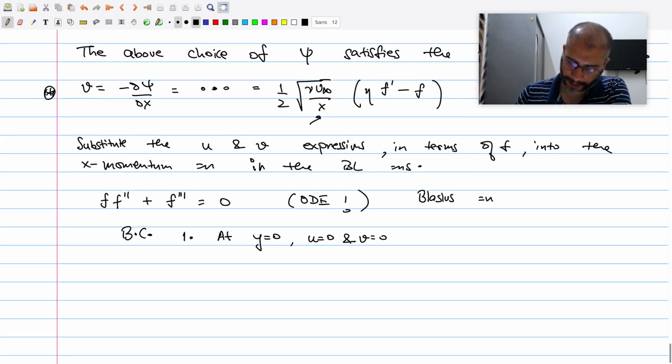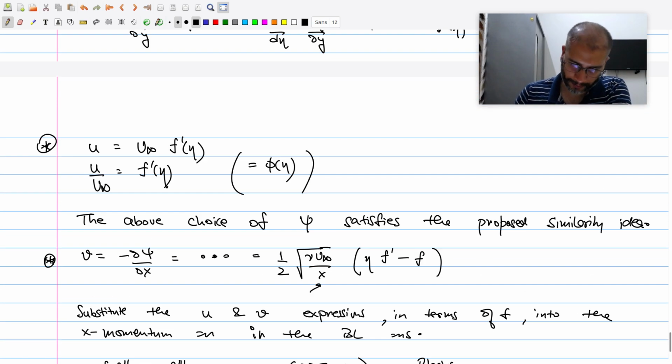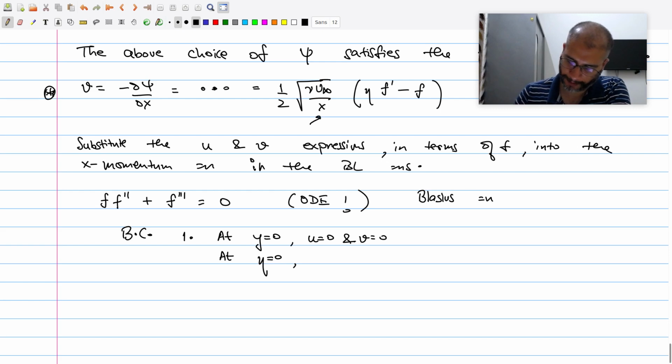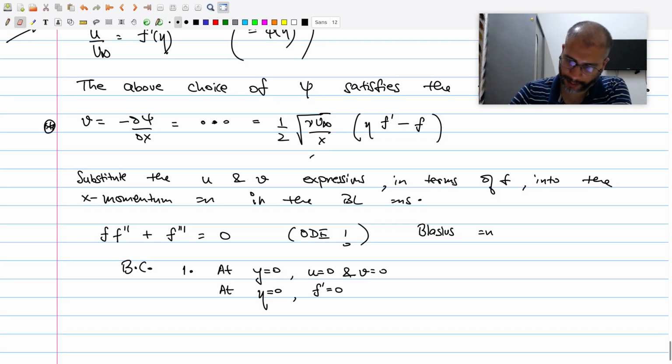So that means at eta equal to 0, when u is 0, let's go to this expression. If u is 0, then f prime is 0. That is what we get from u equal to 0, and this is the expression for v.